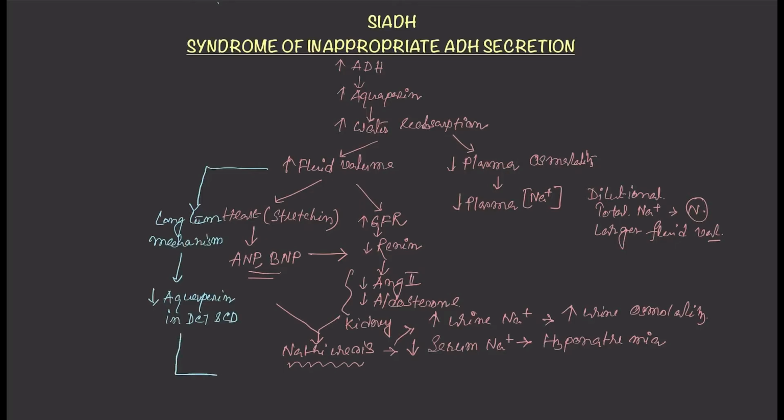So, summing up all these effects, there will be diuresis, that means increased loss of water in the urine. So there will be loss of excess water from the body to decrease the blood volume. So in the long term, a state of euvolemia is reached.